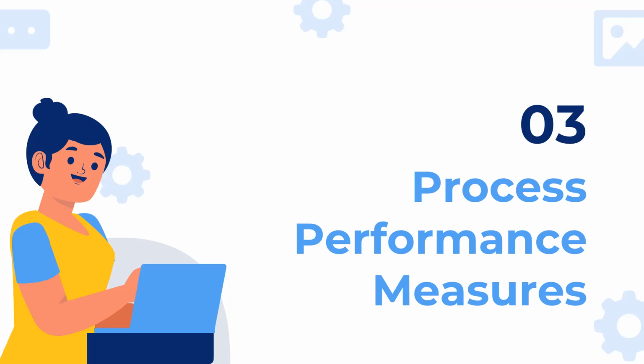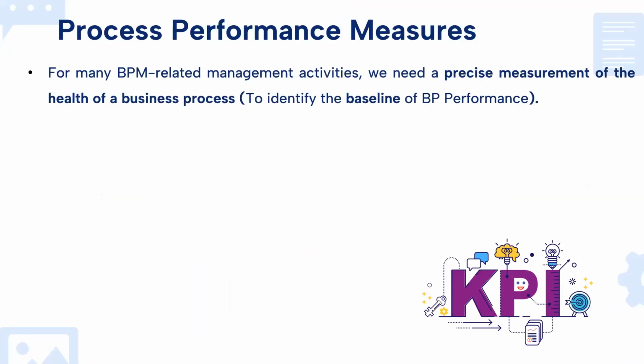So through using process performance measures, you can identify where you stand now. As I mentioned earlier, for many BPM related management activities, we need a precise measurement of the health of business processes. So basically, to identify the health or the baseline that we need to improve, we have to use process performance measures.